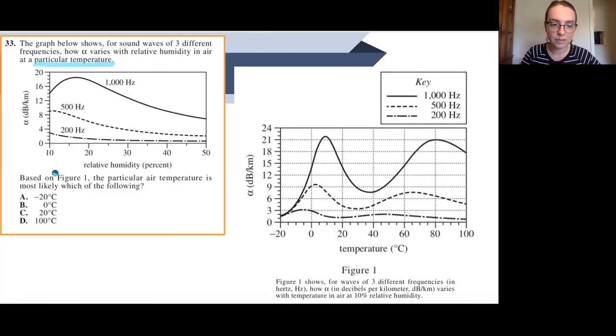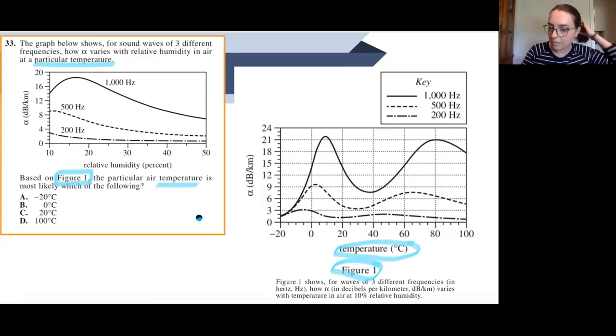Based on figure 1, so I pulled up figure 1 here: the particular air temperature is most likely which of the following. So they're just asking, we give you this graph, what temperature was the graph made at? So one of my answers is going to be found on this x-axis. I'm basically trying to match this data to the x-axis.